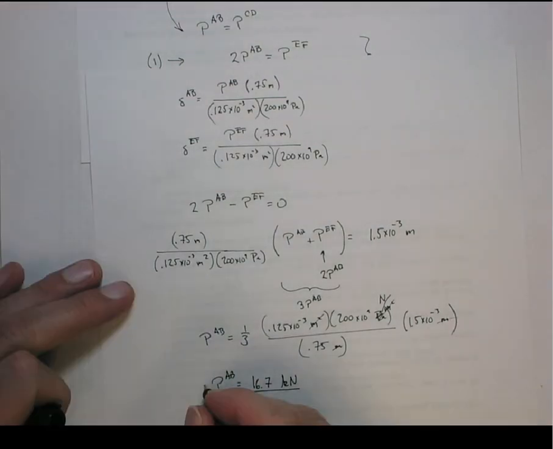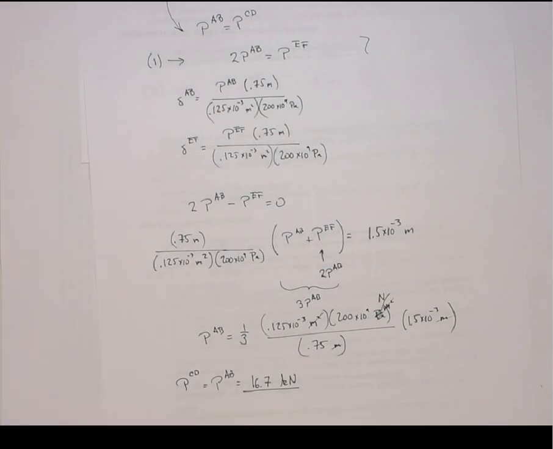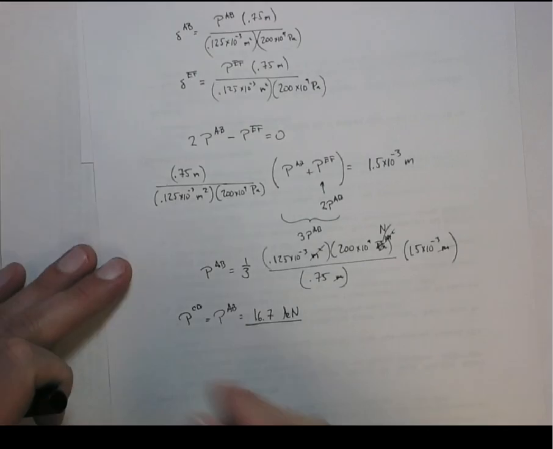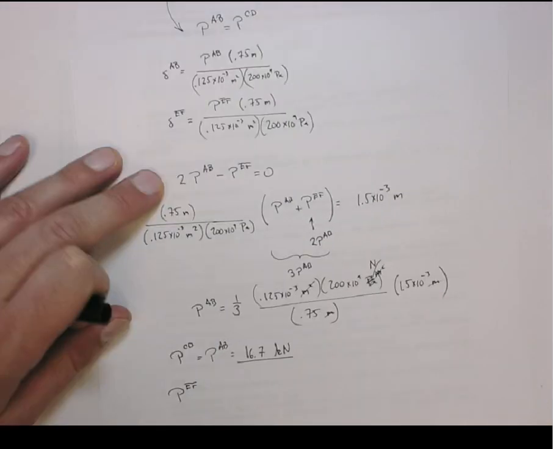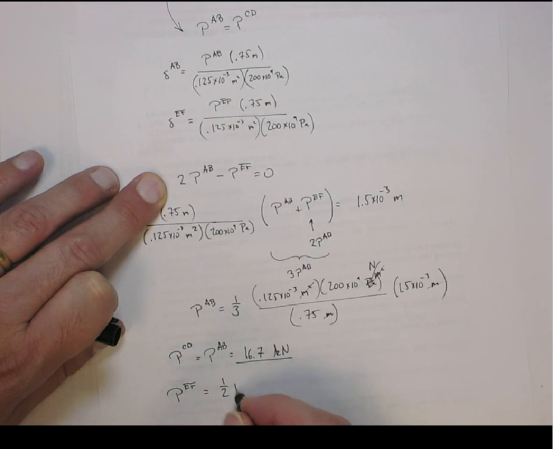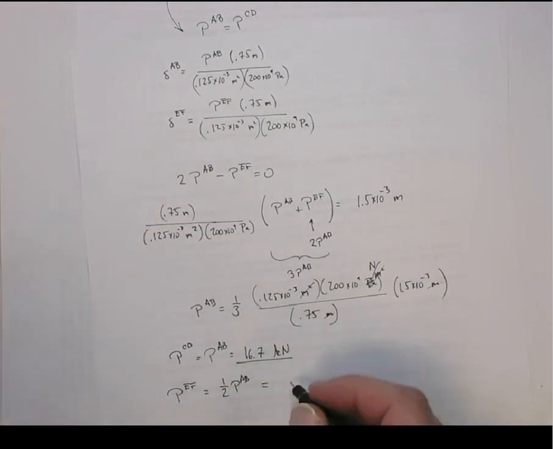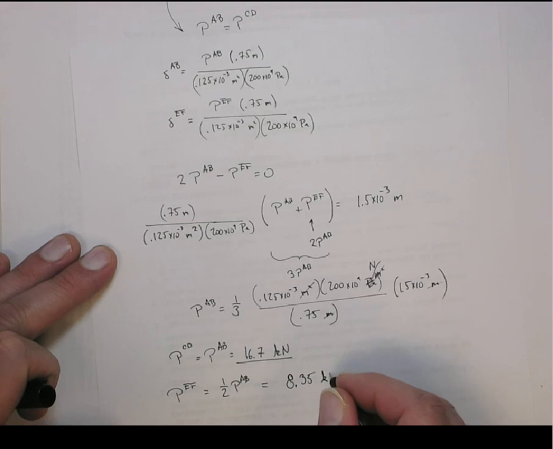And we know that's also going to be the force in CD. Now the force in EF, we can get from that. It's going to be equal to 1/2 the force in AB, and so that is just 8.35 kilonewtons.